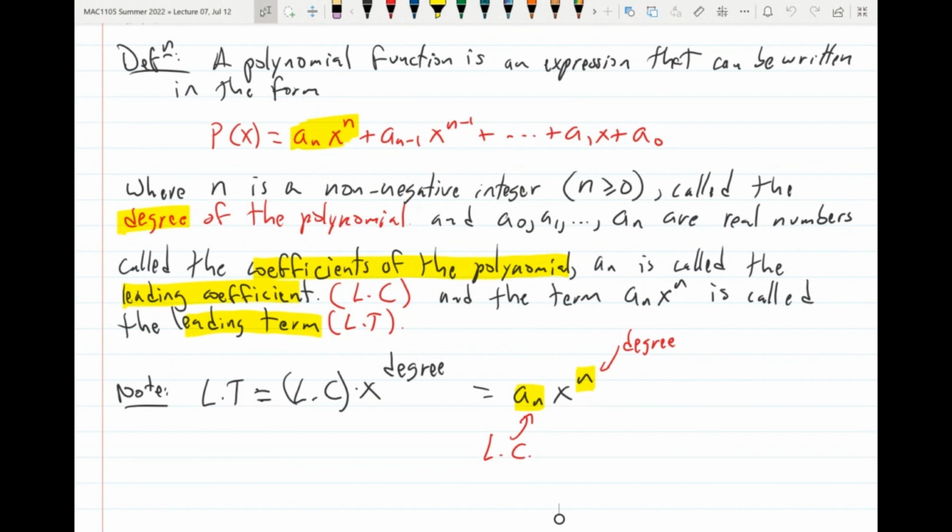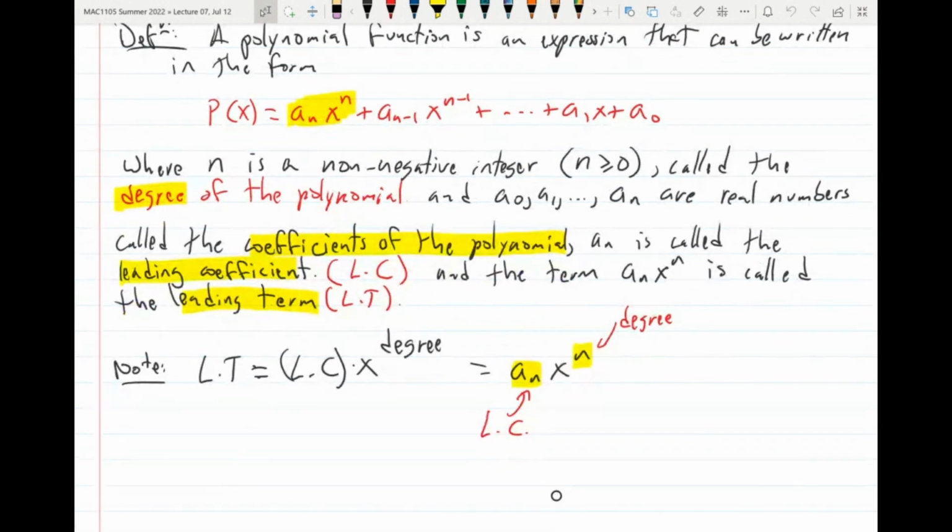But nothing strange. So I'm gonna give you some polynomials, and then I'm gonna give you some expressions, some functions. You tell me whether they are polynomials or not. Those that are polynomial, then you need to tell me degree, leading coefficient, leading term. Okay? So let's practice that.